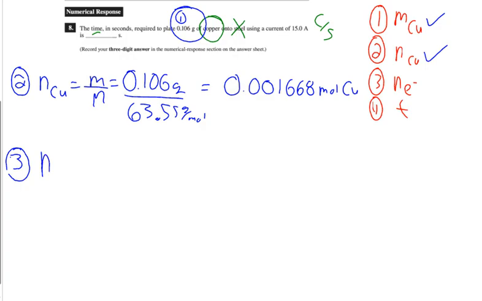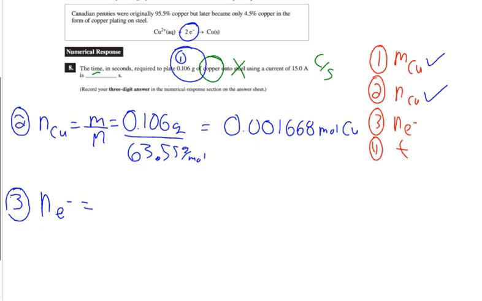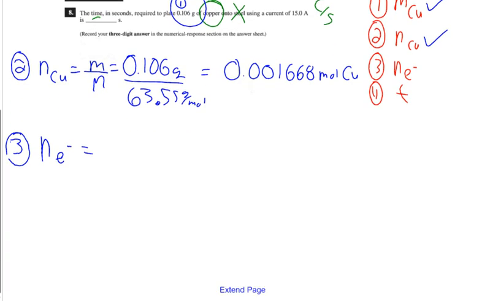So moles of electrons, that's where we need our half reaction, our copper half reaction, which was given right in the question. There are 2 moles of electrons for every 1 elemental copper. Okay? You never use the ion version in stoich. And this is where writing the moles of copper will be nice when I do my stoich.